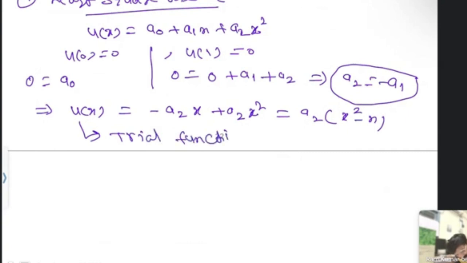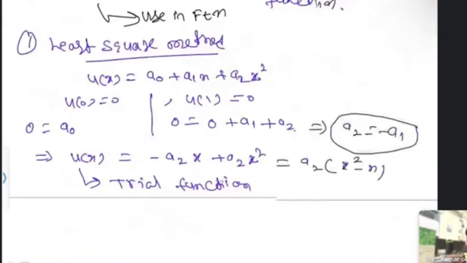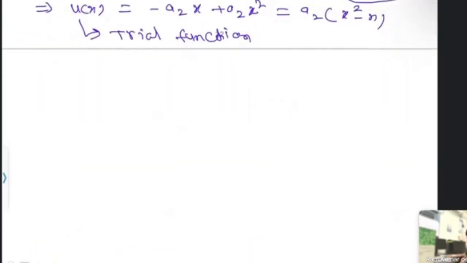Why do I call it a trial function? Because I am doing trial and error to get the exact solution. So the trial function of u(x) is a2(x² - x).